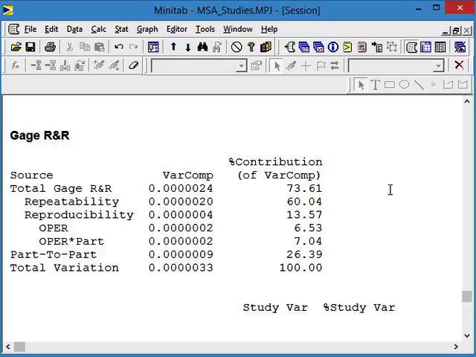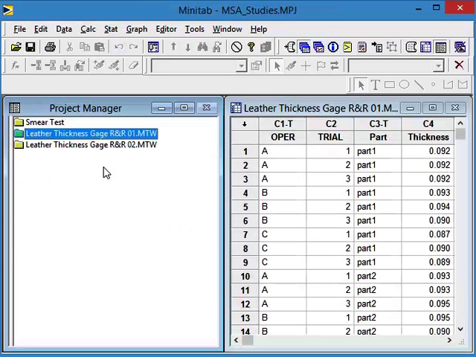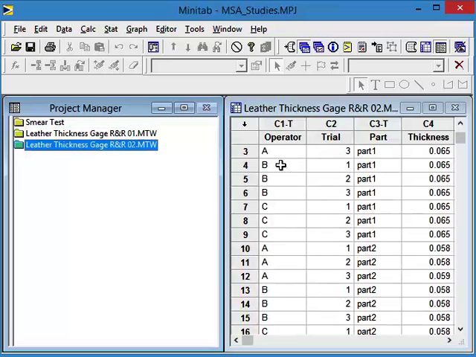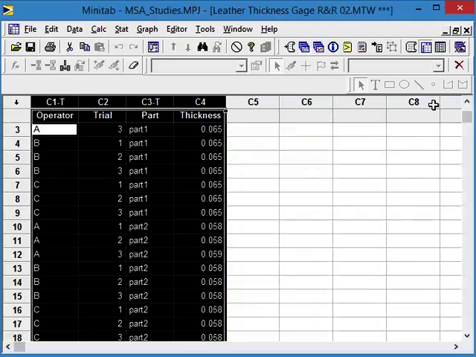To be an excellent gauge, it would be less than 1%. We're not going to be able to conduct a design experiment if we can't measure the leather thickness. And right now, given the condition of this particular measurement device and the system and method we're applying, it's not working. So let's go back up to our worksheet folder and take a look at the after, the improvement.